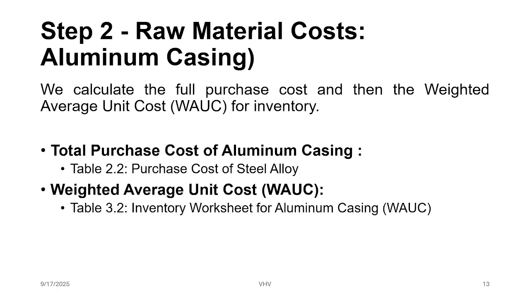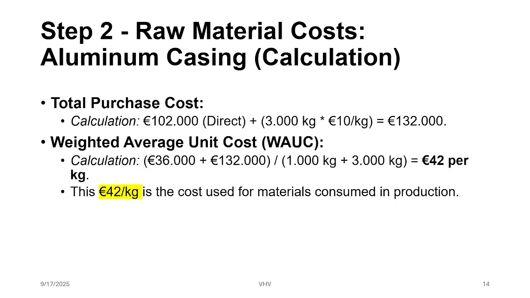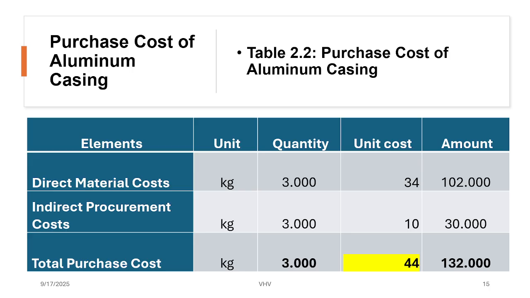So now we continue step 2 by calculating the raw material cost of the aluminum casing. For this one, we repeat the same process for our second raw material, the aluminum casing. First, the full purchase cost. The direct cost is 3,000 kilograms at a unit cost of 30 euro per kilogram, which is 90,000.